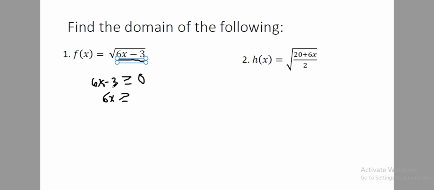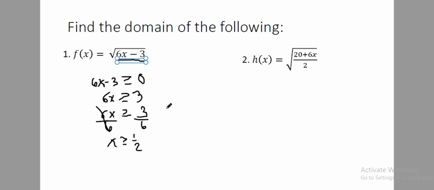So transpose negative 3, so we have positive 3. Then we divide both sides by 6. We always divide by the coefficient of the variable involved. So here we have x is greater than or equal to 3 over 6, which is 1/2.